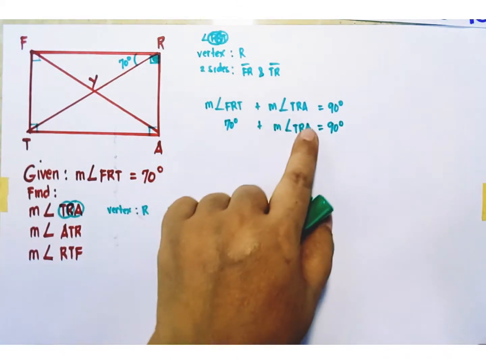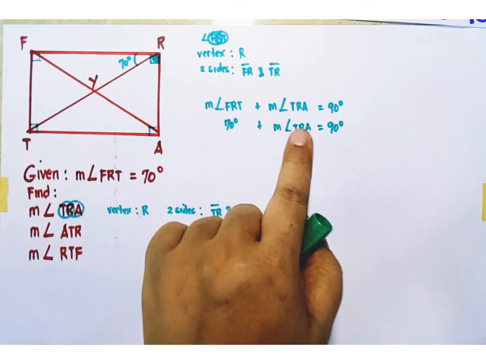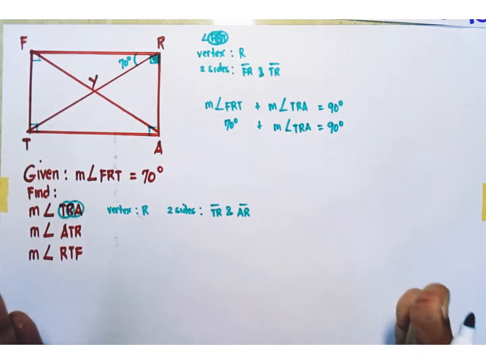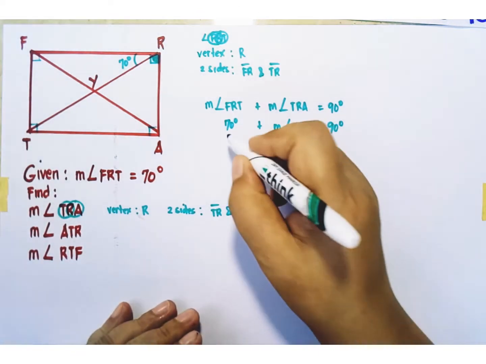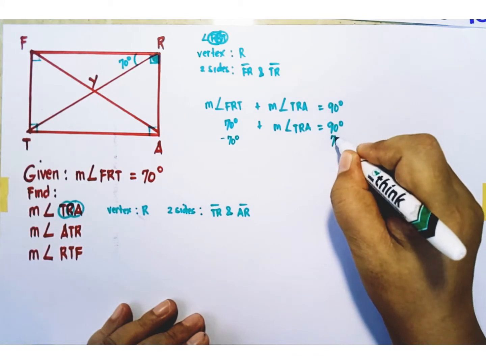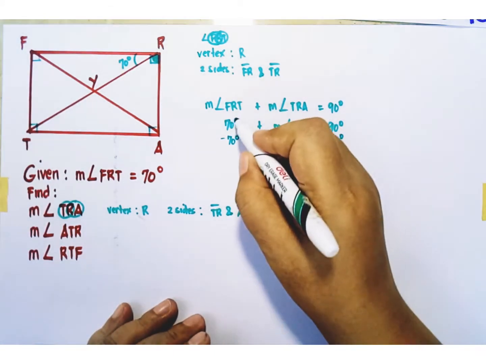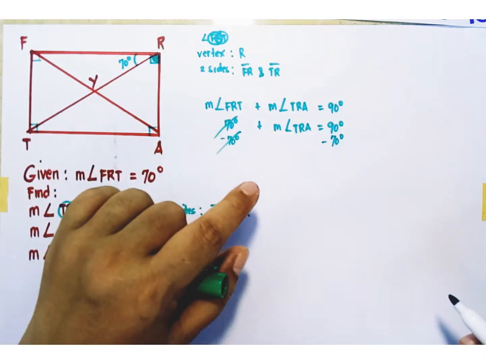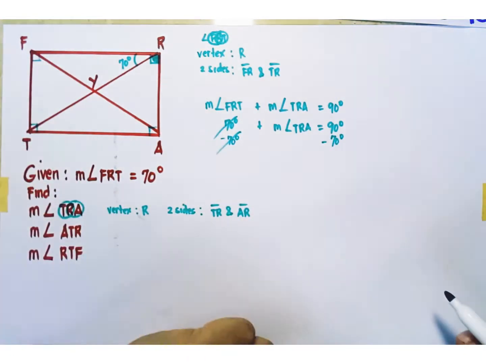To solve for this, we need to isolate it on the left side of the equation. Let's use subtraction property of equality. Subtract 70 from both sides of the equation to keep the equation the same. Additive inverses cancel out each other, or subtracting same numbers results to 0.